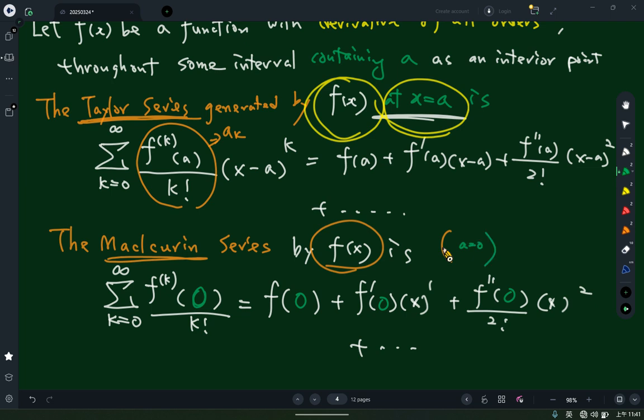We will not specially point out that a is equal to 0. If I simply say, get the Maclaurin series for some function, that gives you a hidden message that a is equal to 0.